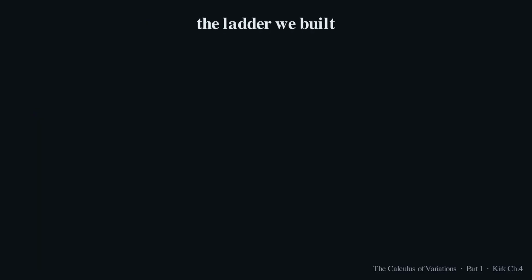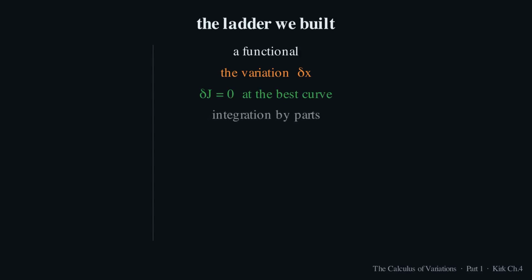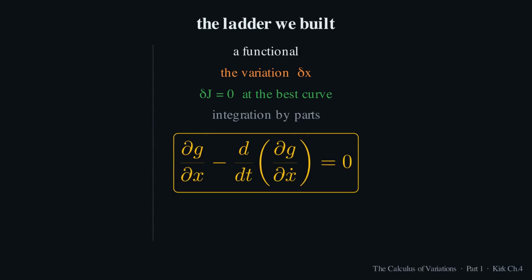Look how far one idea carried us. A functional, a whole curve scored by a single number, a variation, the nudge, the demand that at the best curve, the first order change vanish for every nudge. One integration by parts, and that demand became the Euler equation, the balance every optimal path must hold at every instant.